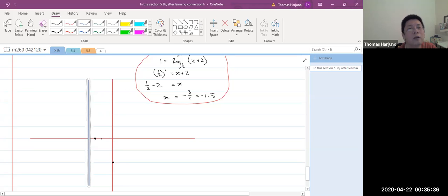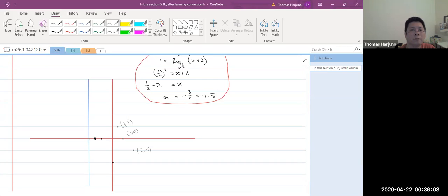Okay, and then let's use log base 1/2 of x. Log base 1/2 of x looks like this. That's (2, -1), (1, 0), and then (1/2, 1).